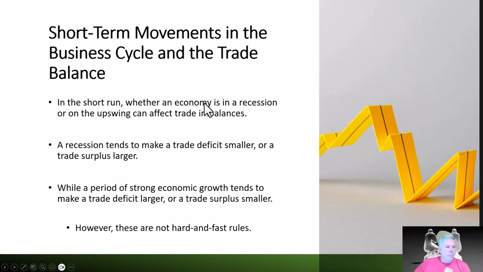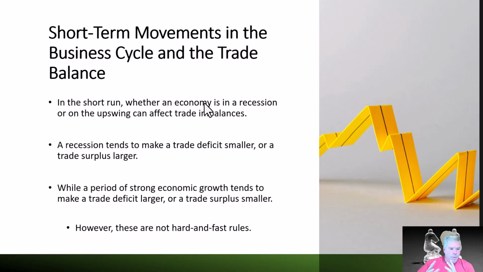Short-term movements in the business cycle, whether an economy is in recession or in recovery, can affect trade imbalance in the short run. Recession tends to make trade deficits smaller and a trade surplus larger. A combination of changes in interest rates coupled with less domestic consumption will cause exports to rise.